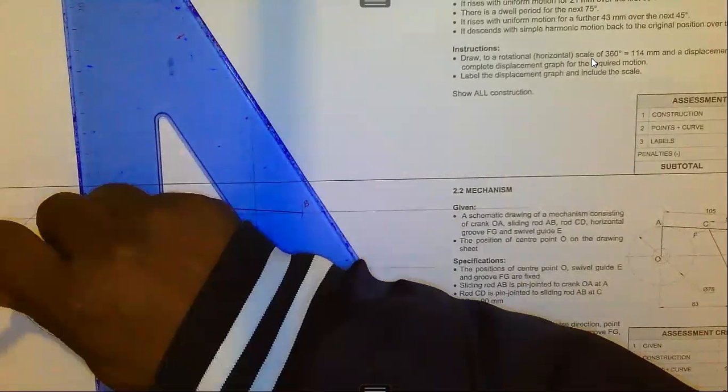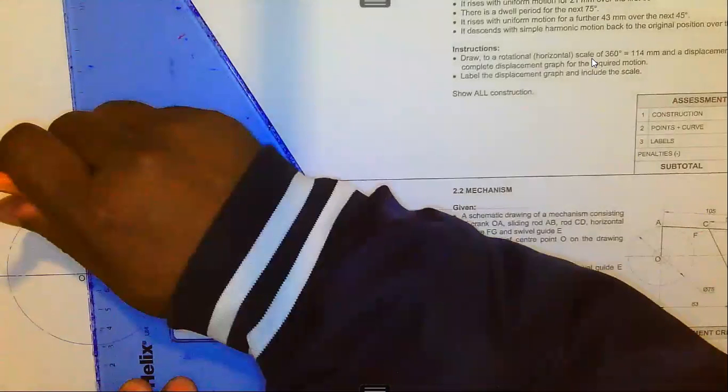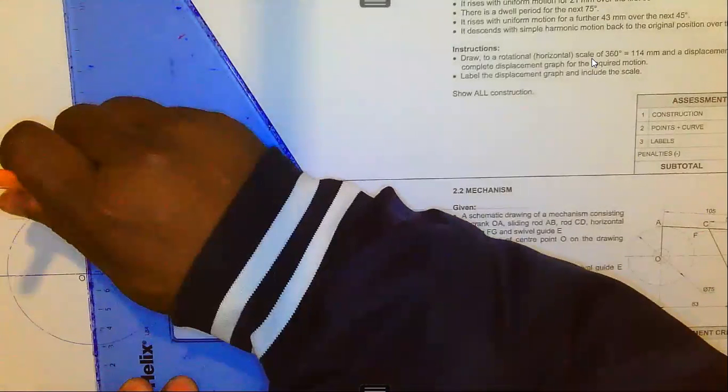It goes up slightly, just to define everything.